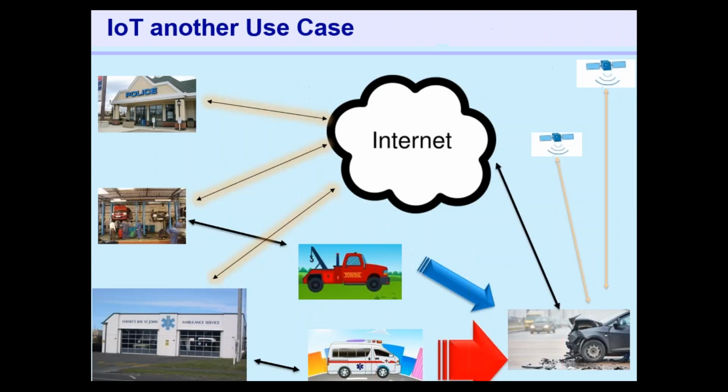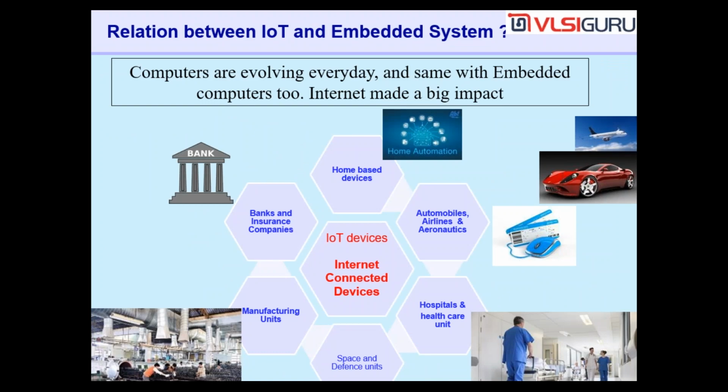Not just in the case of an automobile, this concept of internet enabled embedded computers is finding applications in your home automation, your automobiles and aeronautics and airline industry, hospital and healthcare, space and defense units, manufacturing units, and including banks and insurance companies. For example, students ask me, how do banks and insurance companies find this useful? Because they are more of financial institutions. Yes, they find use with this.